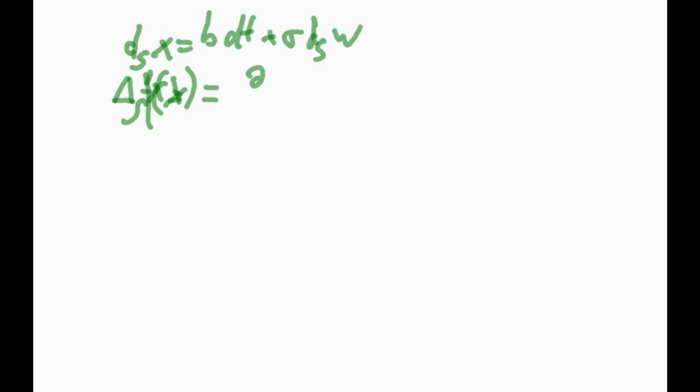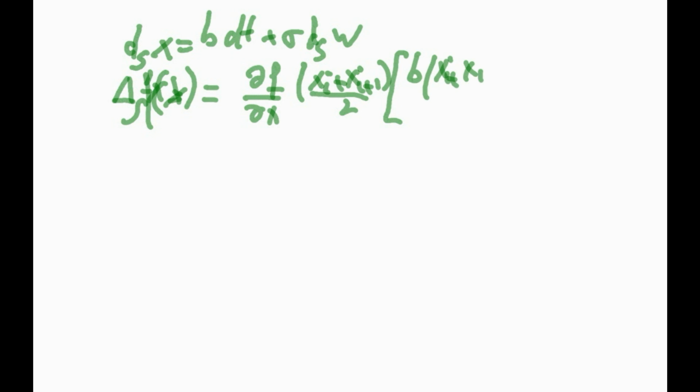This is df/dx at (x_i + x_{i+1})/2, and then I need to take this dx, which is b at the midpoint times Δt plus σ at the same midpoint dω.